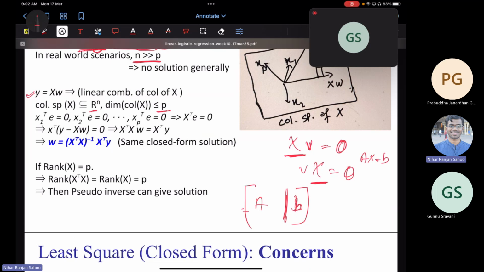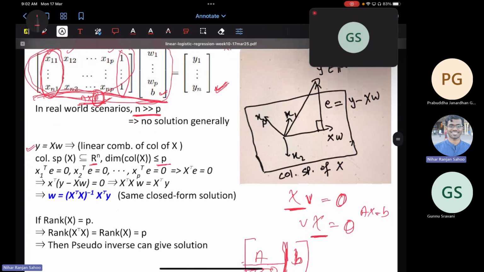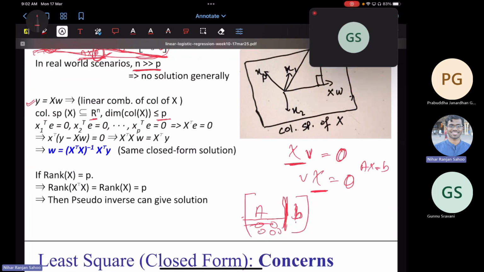Because p is less than n, you will find some rows that are completely zero. But whatever the b here, b in our case, not to confuse with the bias b, is the y values. So here we don't have zero b values. We have non-zero b values here, right? Then this will give us a no solution scenario, right?